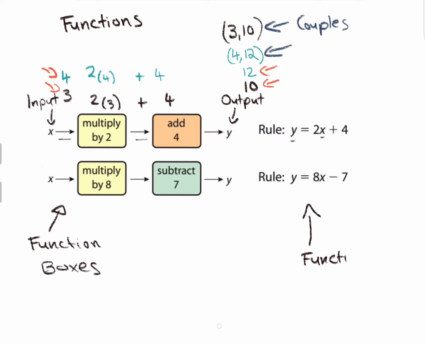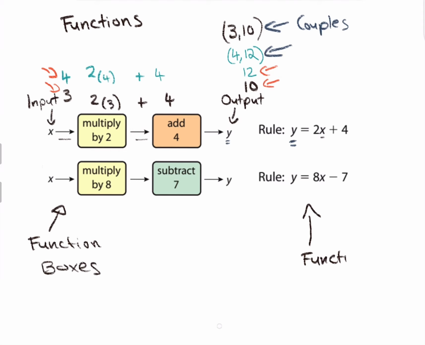All right? Now, this is a function box because it has the boxes and it has the rules inside of it. And the rule is y, which is this bit here, our output, is equal to 2 times x plus 4. Now, x is our input. All right. So y, that is our output.